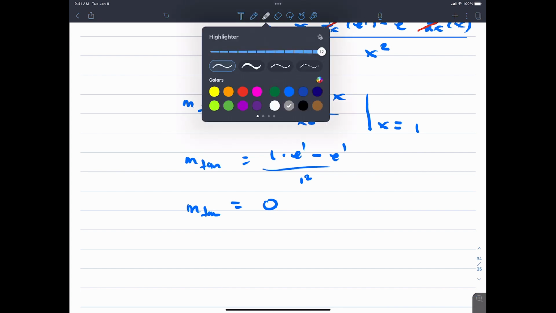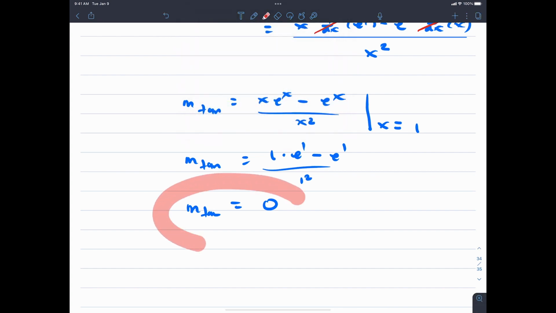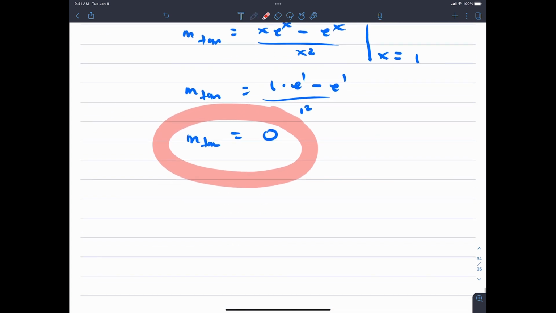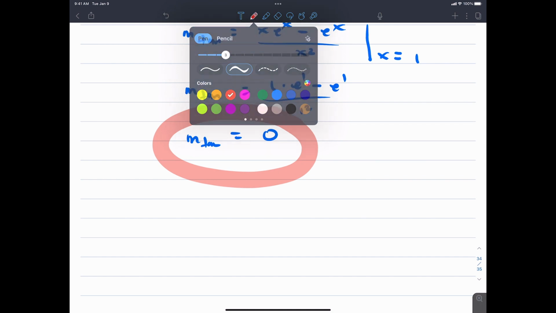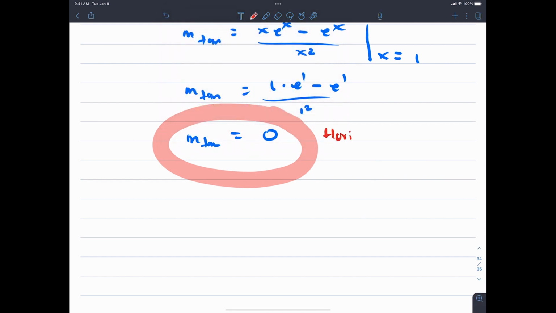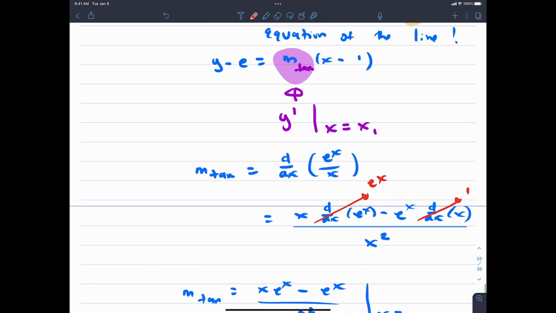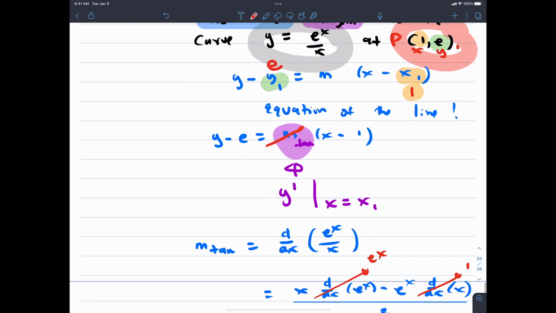What does that mean? If the slope of the line tangent to the curve is 0, what does that mean? Here's the meaning: it's horizontal at the location 1 comma e. So if that slope is 0, and sometimes that happens, you replace m with a 0.